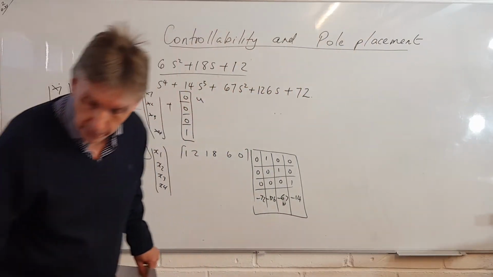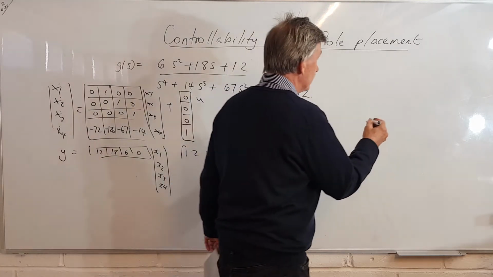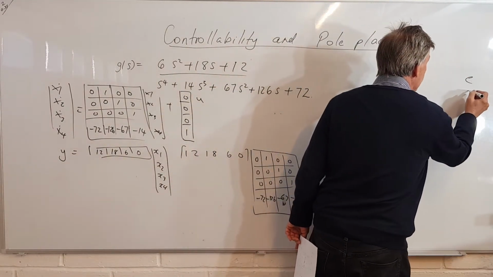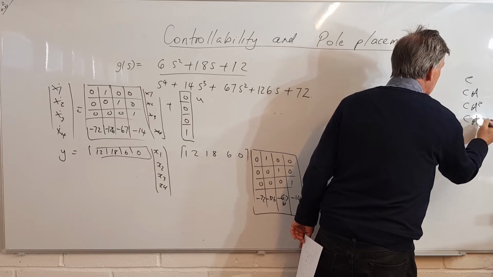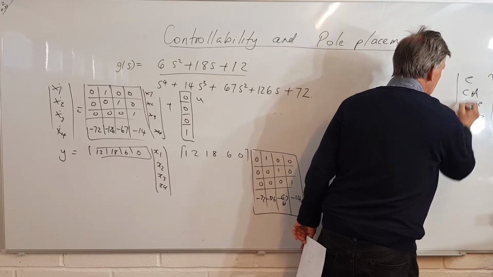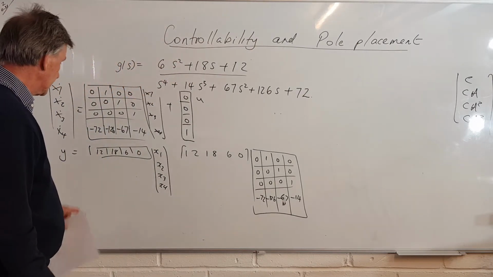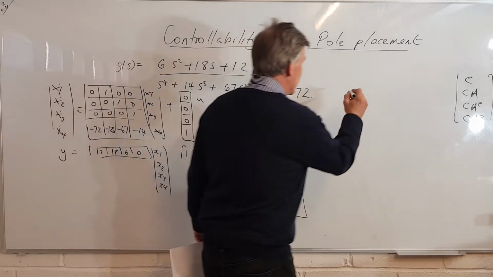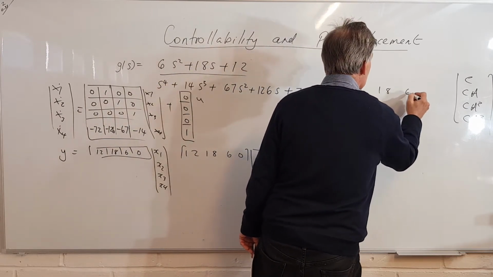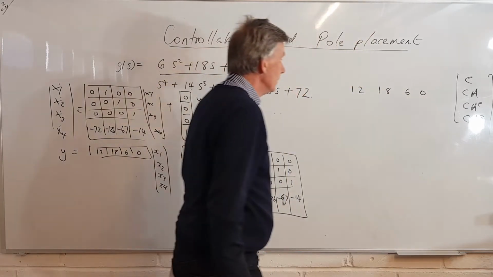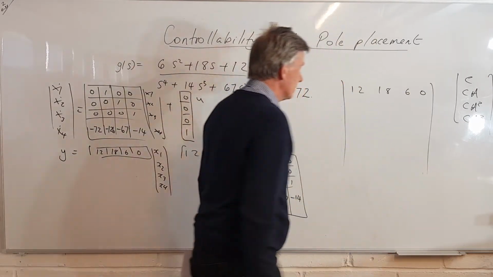And so we're going to work out, first of all, the observability matrix given by C, CA, CA squared, CA cubed. So that's what we're going to have to compute. So let's start off with the C. That's too straightforward. Let's put in 12, 18, 6, 0. So there's our first part of our matrix.